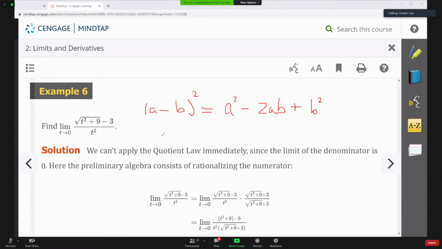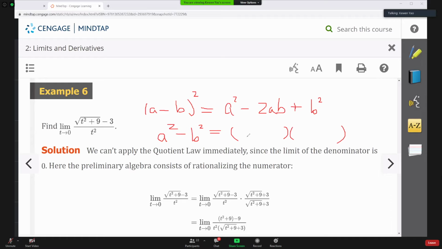Now what's the formula for this? How can we factor a squared minus b squared? Carson, can you remember the formula? You have two factors, right? What are they?